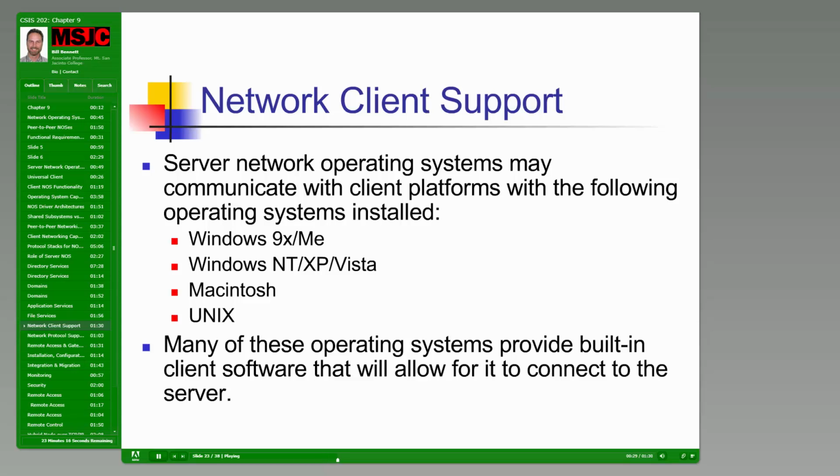Most likely that's going to be TCP/IP. And then the next thing would be for file services at the session layer, that they're both using the same session layer protocol. We're talking about the Apple file protocol on the Macintosh system, the server message blocks on the Microsoft system. As long as those are in place, then the clients will be able to communicate with the server.